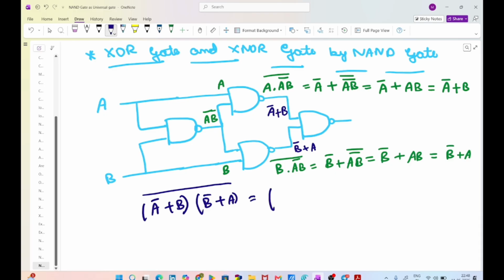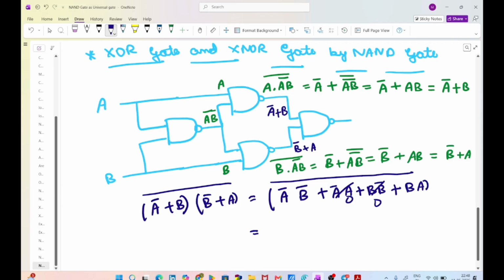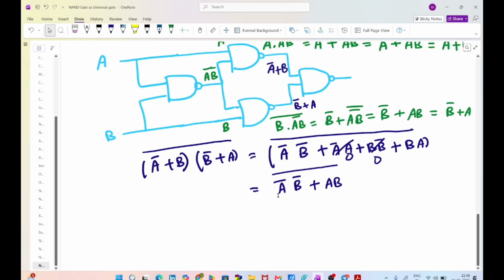Let's multiply this: A bar B bar plus A bar A plus B B bar plus B A, whole bar. We know that A dot A bar is 0 and B dot B bar is 0. Then it will become A bar B bar plus A B, whole bar. If we do not consider the complement, it is the output of A bar B bar plus A B, the XNOR gate.